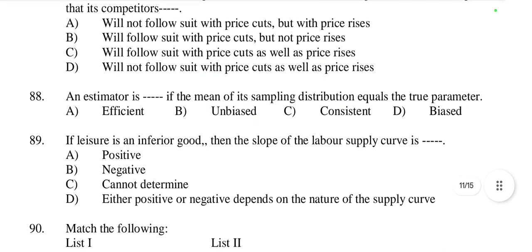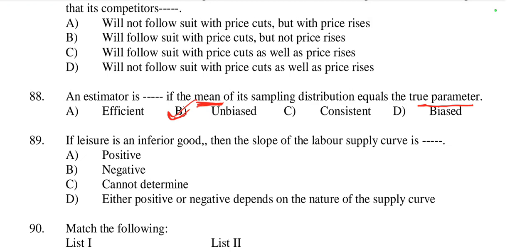Then the next question, number 88: an estimator is dash if the mean of its sampling distribution is equal to the true parameter. When the mean of the sampling distribution is equal to the true parameter, it is called unbiased.